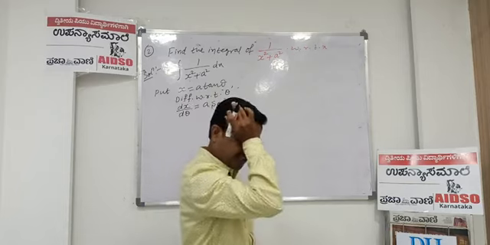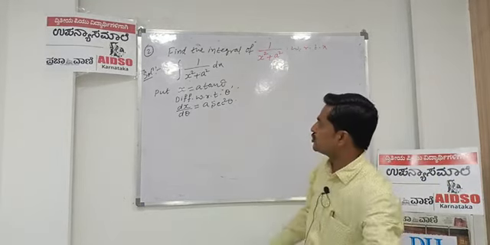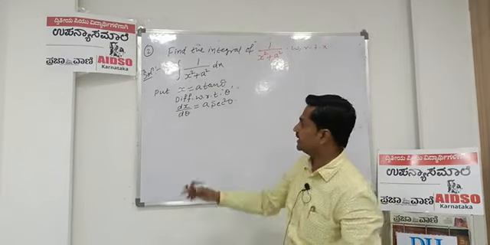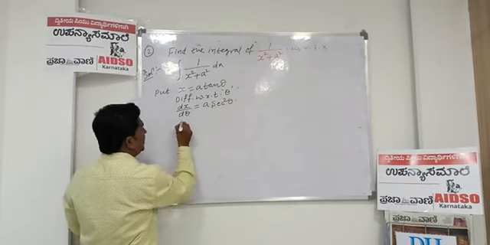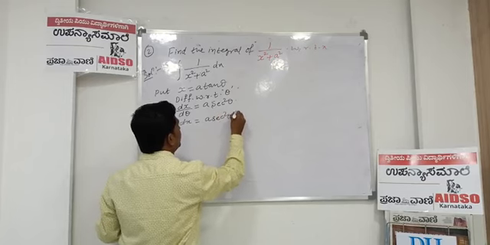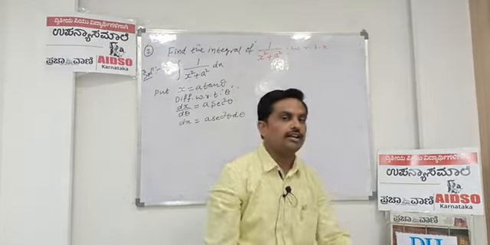So x equals a tan theta is the substitution we have taken, differentiated with respect to theta because we need to find the value for dx. So dx by d theta is equals to a secant square theta, so dx is equals to a secant square theta d theta.